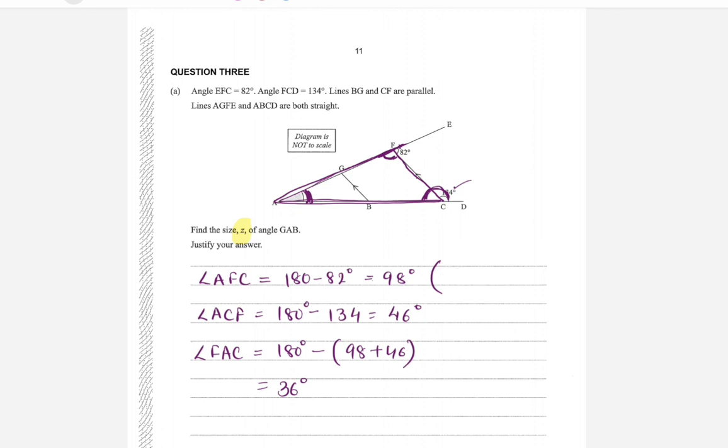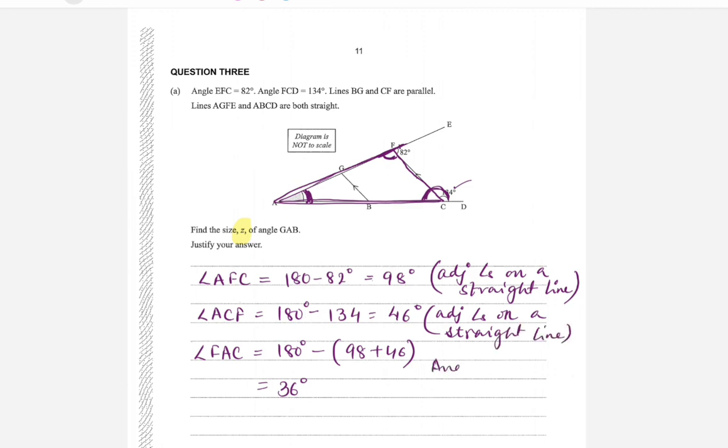So this is a straight line, adjacent angles on a straight line. Again, the same, adjacent angles on a straight line. And the last one is angle sum property, which says sum of angles of a triangle is 180 degrees. That gives us Z is equal to 36 degrees. Cool. That was an easy question.